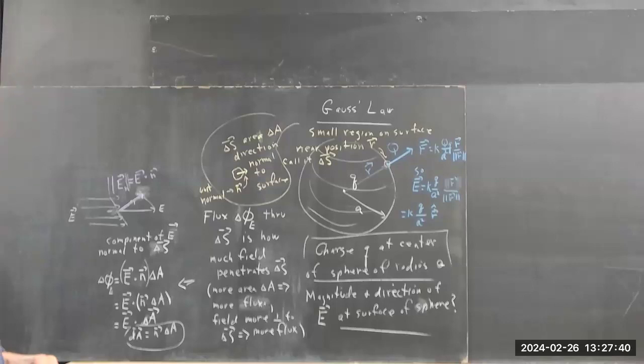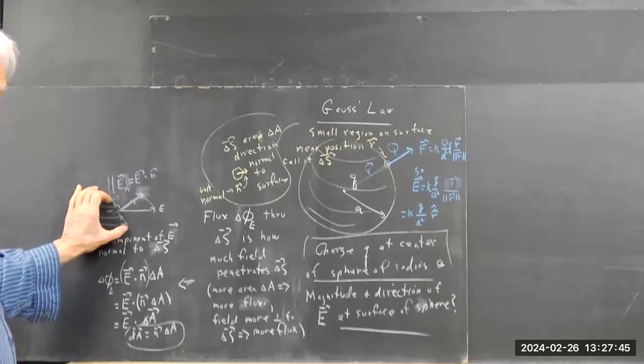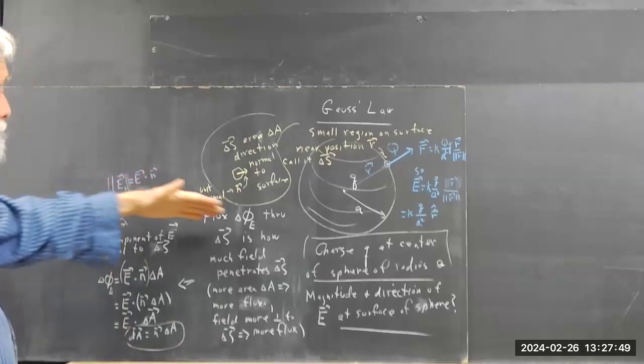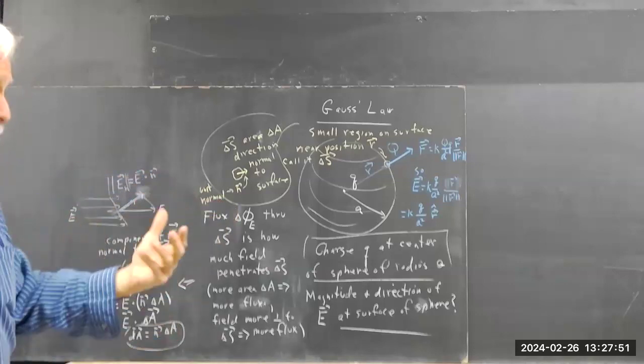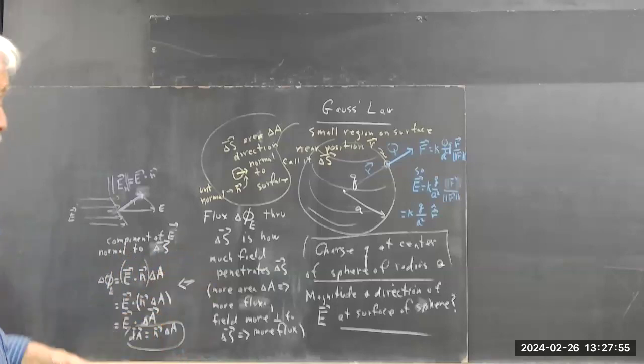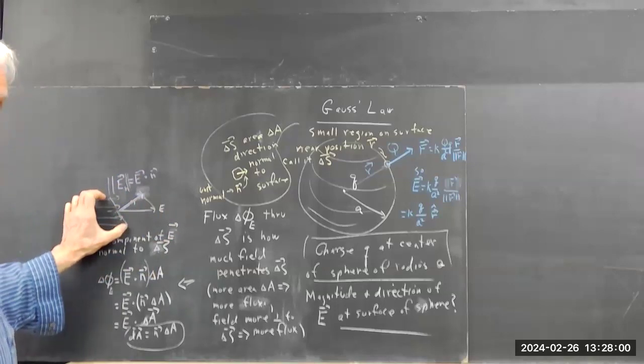So it comes down to a pretty simple picture. You've got some area increment here. You've got a normal vector, and you've got some field. Field might be a flow field, it might be a magnetic field, it might be an electric field. The flux is the amount of that field that's flowing through this surface.